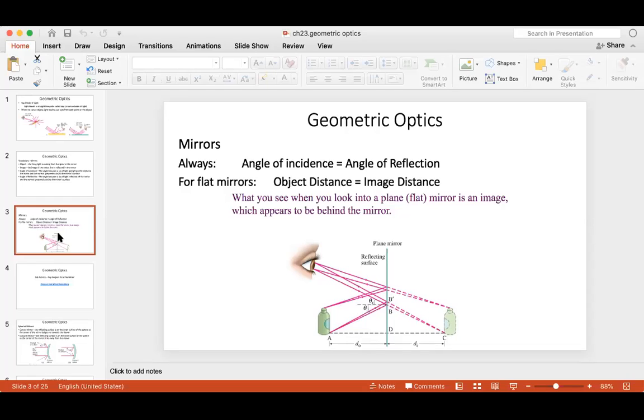Because the image of that object, the other cars that you're looking at, is not the same distance as the object is. The image appears to be further away in the mirror than the object actually is. But for a flat mirror, the object distance and the image distance are always the same.